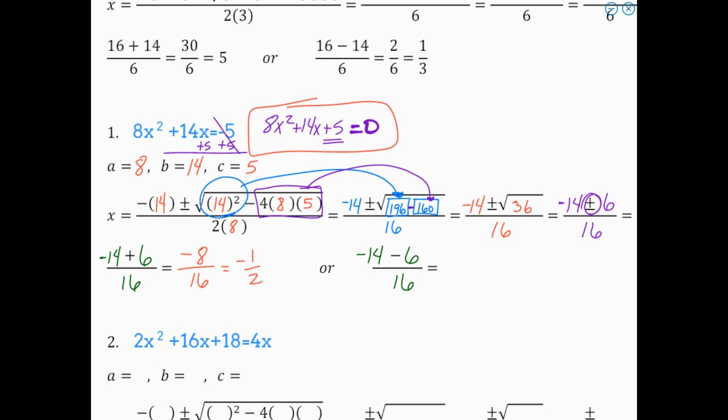Yep, my bigger number's on bottom, so it's going to stay a fraction. What is negative 14 minus 6? Negative 20 over 16. What does that reduce to? Negative 5 over 4.